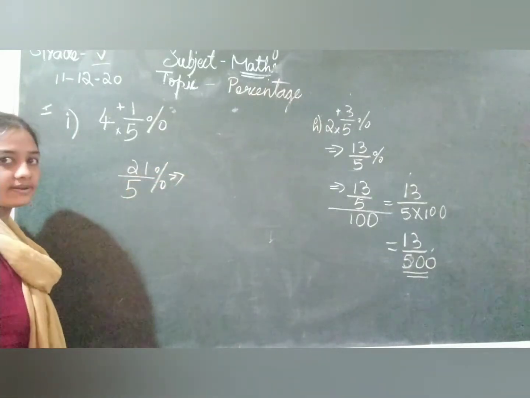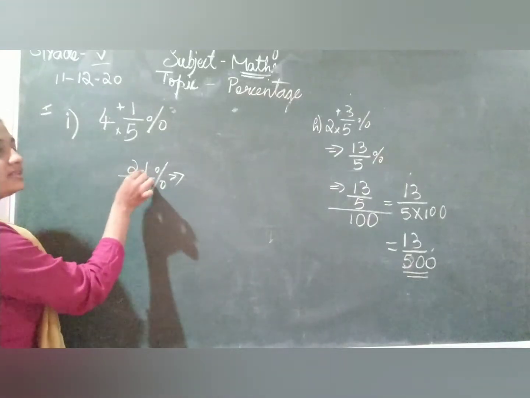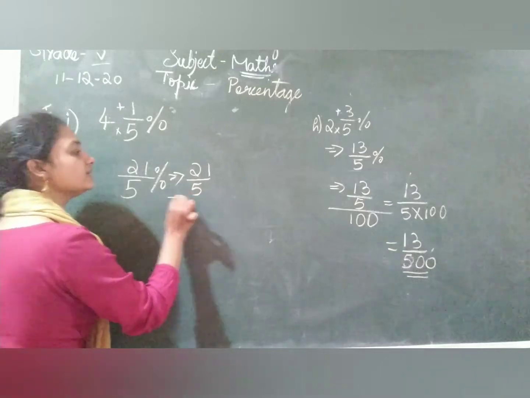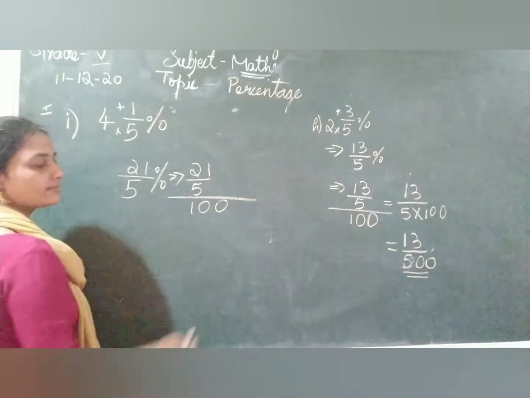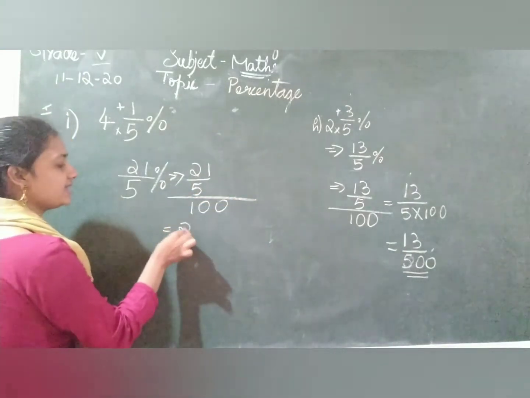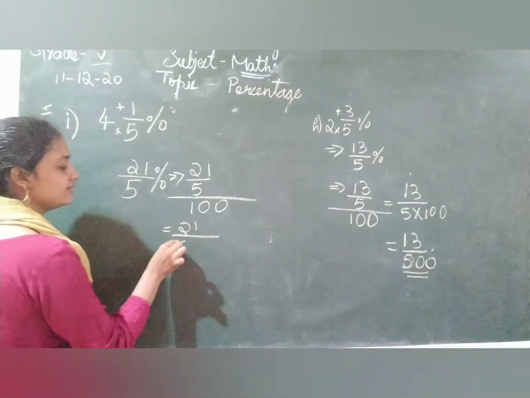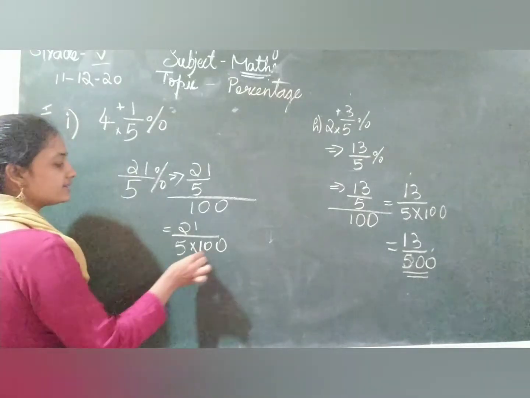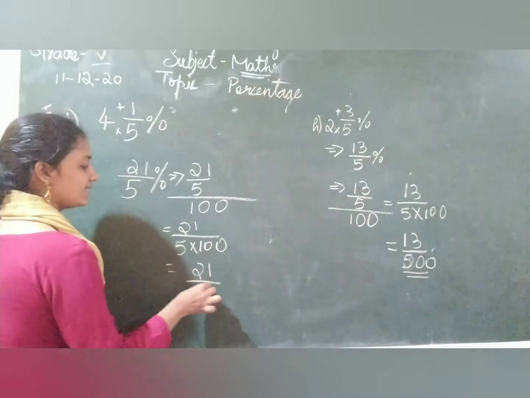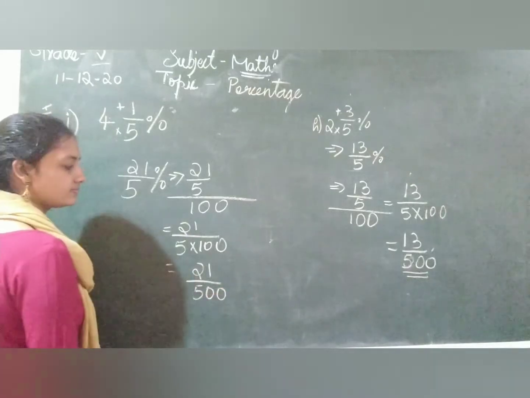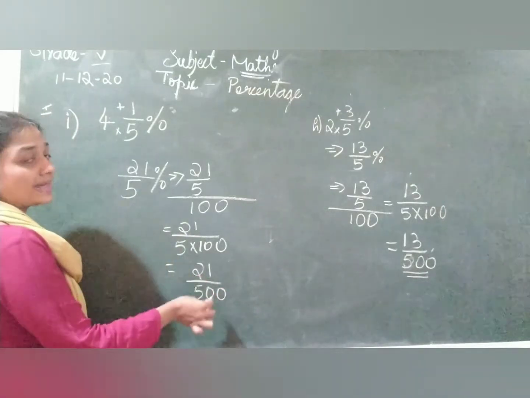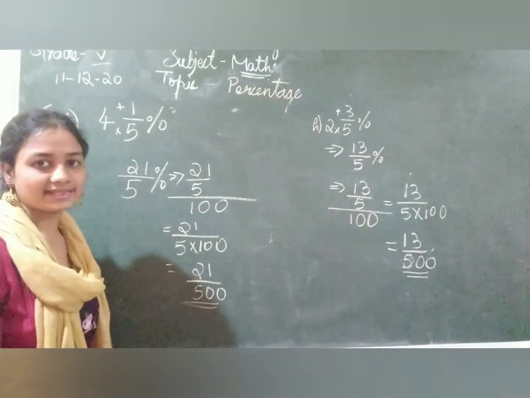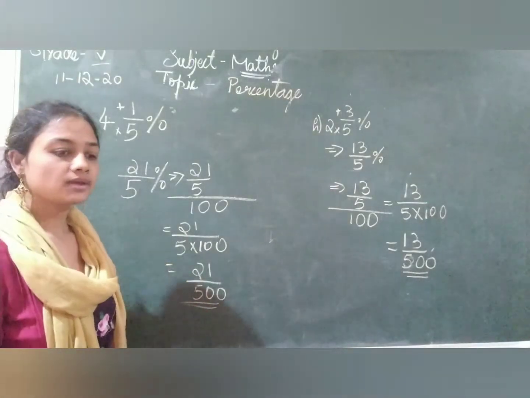So to convert it to fraction, what should I do? I should divide this by 100. Okay, so 21 by 5 divided by 100. I can write this as 21 by 5 into 100. Again I get 21 divided by 500. Can you cancel it? No, it's not possible. So this is my final answer in fraction.